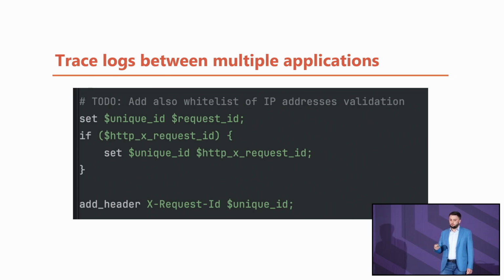Big note to do, probably it's a good thing to do an IP address validation to allow only some systems to be able to override this request ID. And then in the last line, I add in the response the value of the unique ID.